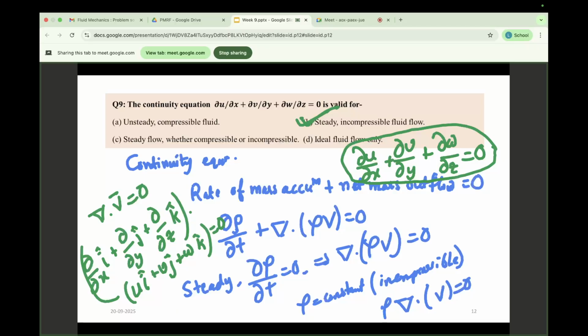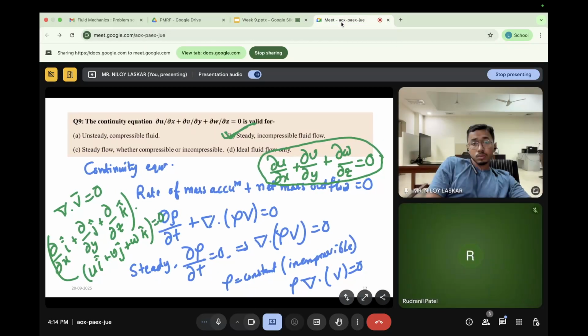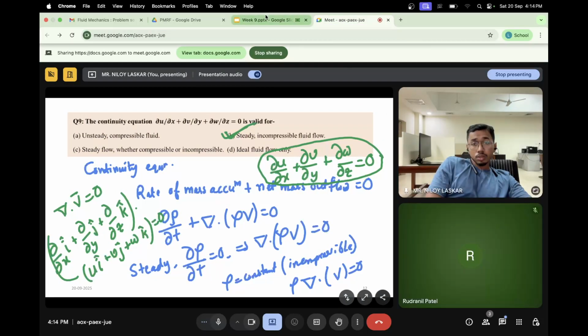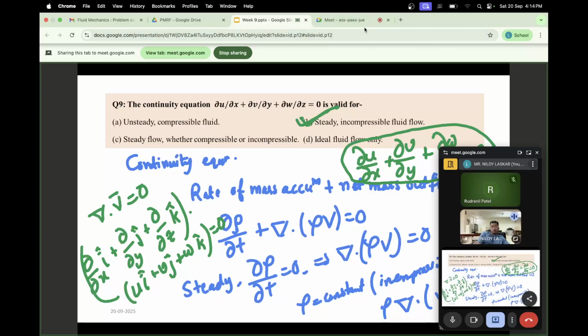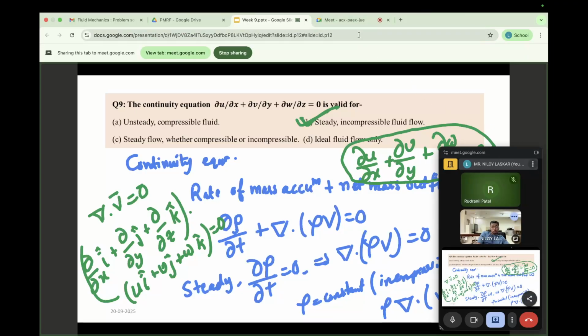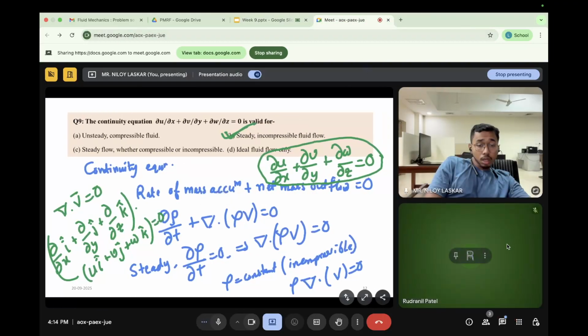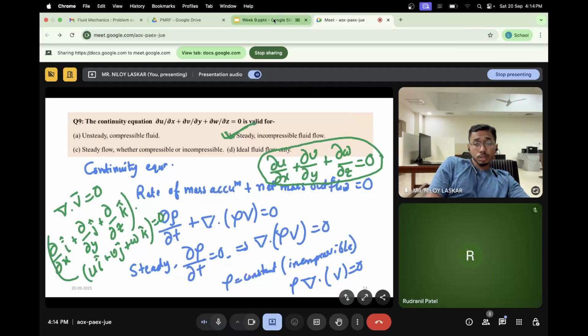Okay, you understand this? So I hope that Rudunil, you understand this mistake.